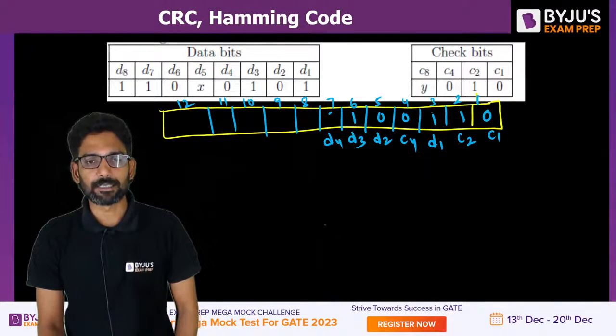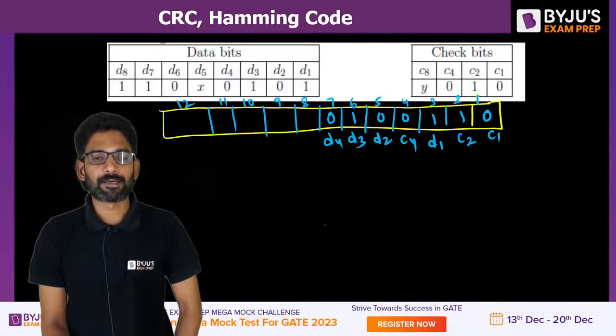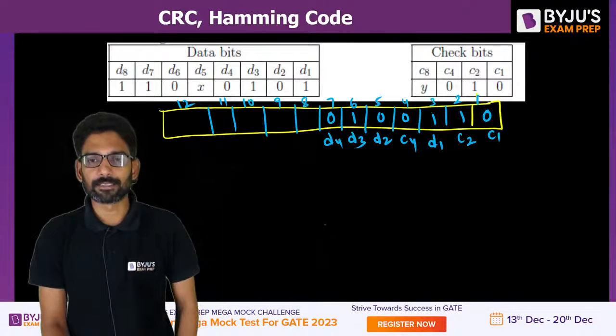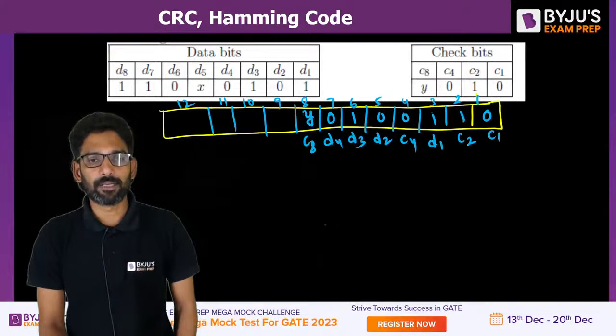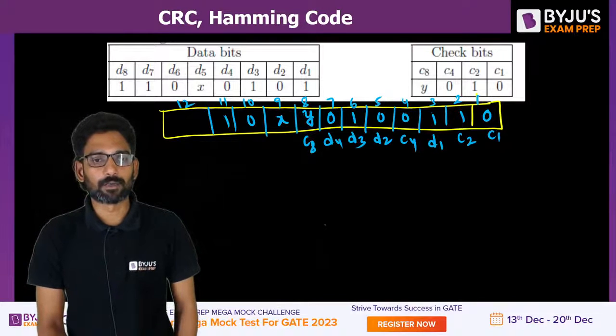D4 is 0. D5, okay, 8 is C8, that is Y. 9, D5, X. 10, 0, 1, 1.